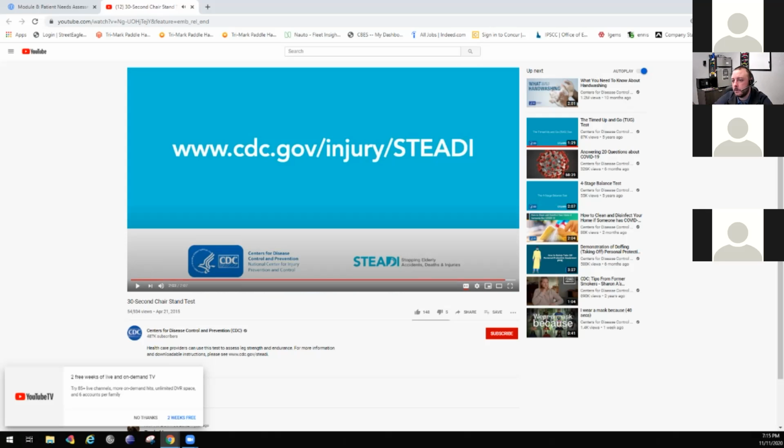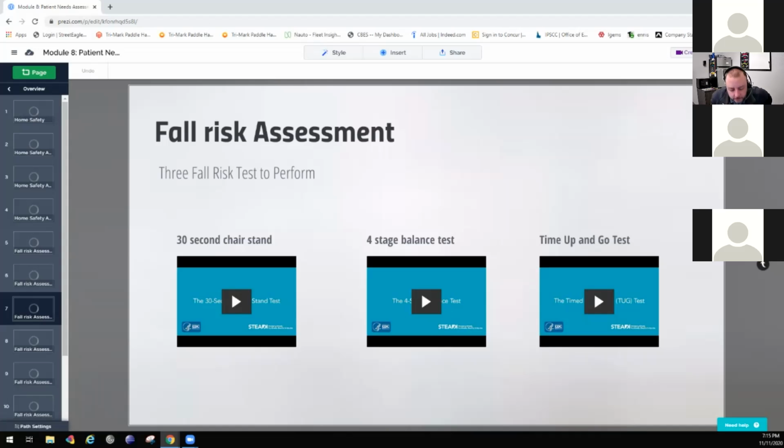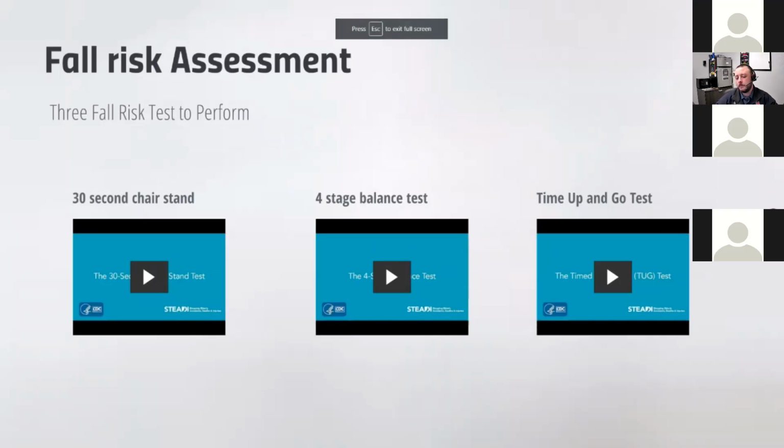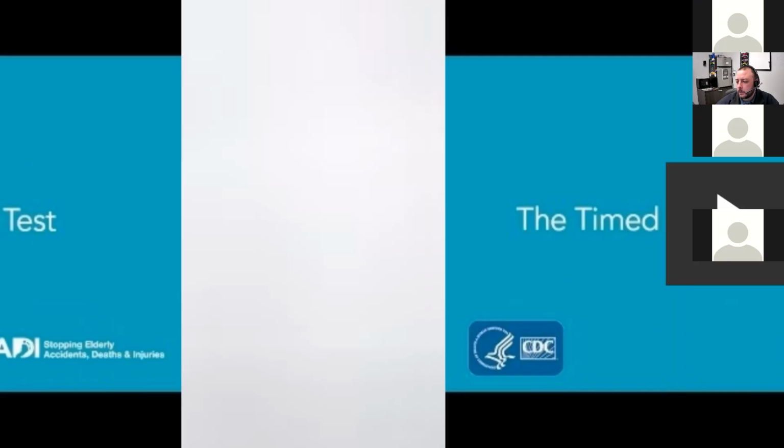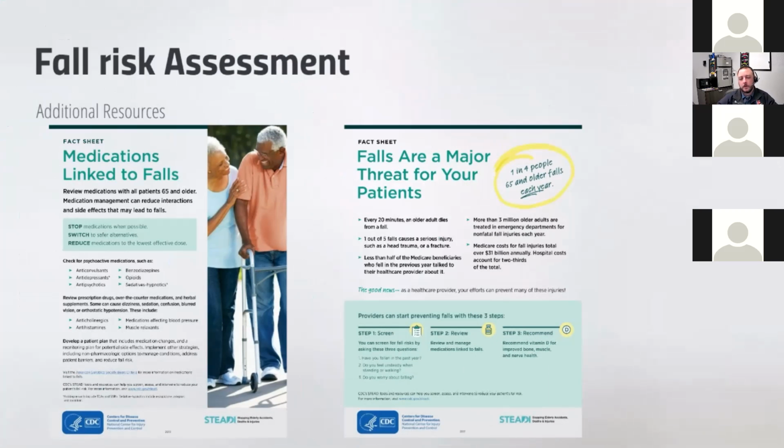All right. So obviously some tests that we can do inside the home that would take very minimal effort. And one thing that I can say is if you guys are partnered with a primary care doctor, people don't realize that primary care doctors can actually bill for a falls assessment. And it doesn't necessarily have to be done within the office.